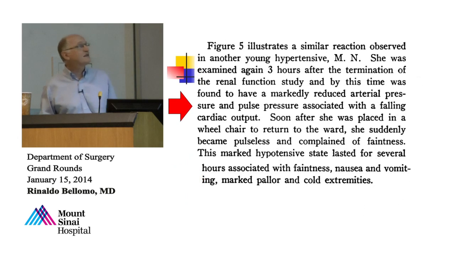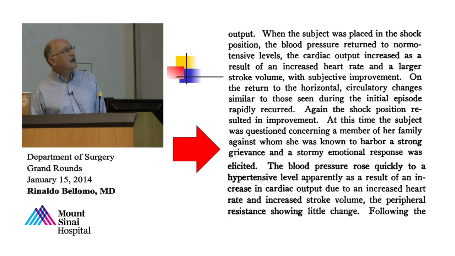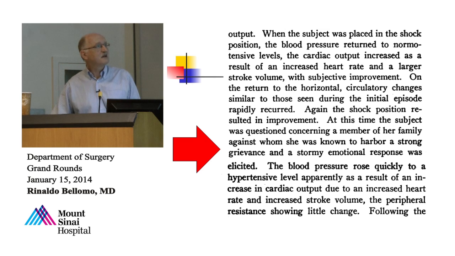And I particularly like this bit where the patient is quite sick and the response to this is really quite frightening. And they questioned the patient concerning a member of a family against whom she was known to harbor a strong grievance in order to restore blood pressure.